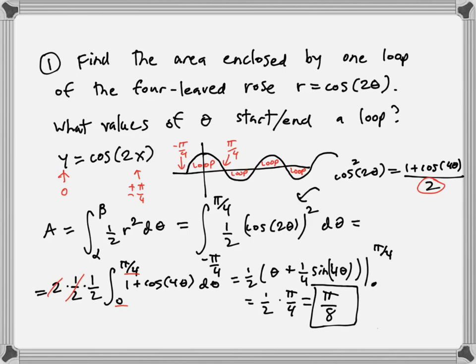What's so interesting about this to me is the fact that if that's one loop, then this means that 4 loops actually gives you pi over 2, and pi over 2 is half the area of a unit circle.